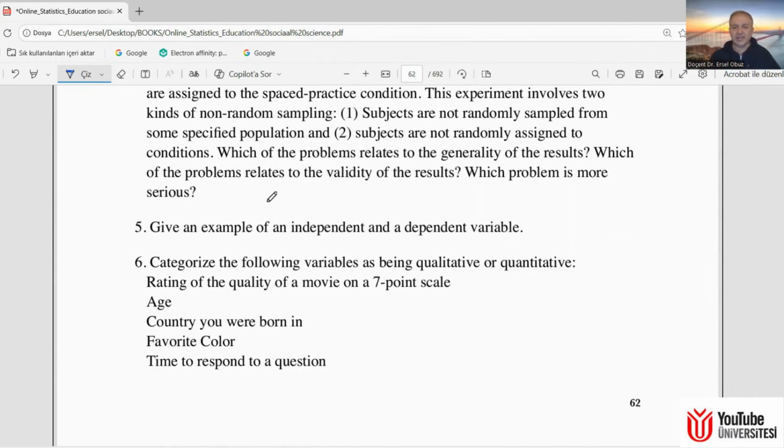Okay, let's give an example of an independent and dependent variable. Let's say the baking temperature.